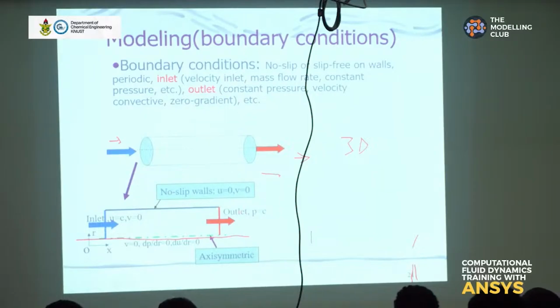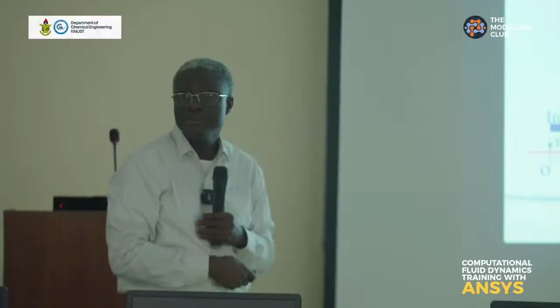At the outlet, I can fix a constant pressure. I can say that at the outlet, the pipe is exposed to atmospheric pressure. If the pipe is exposed to atmospheric pressure, then P is equal to C, a constant, which is just atmospheric pressure.